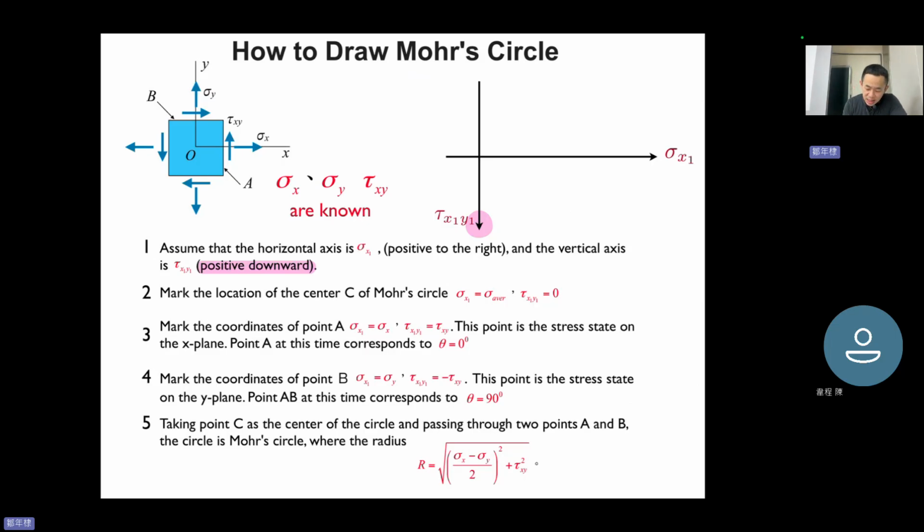The second step, mark the location of the center C of the Mohr circle at sigma average, 0. So you need to draw the sigma average.